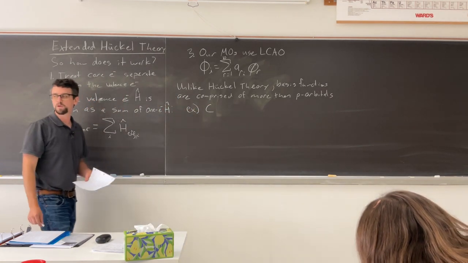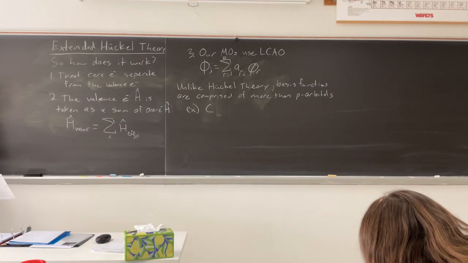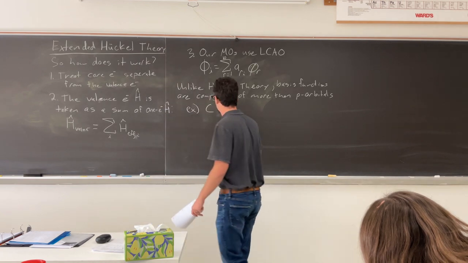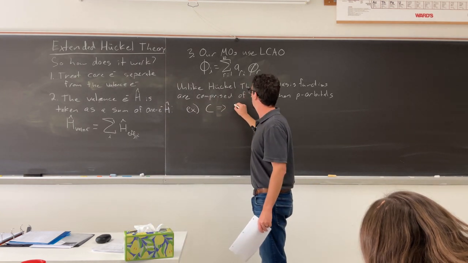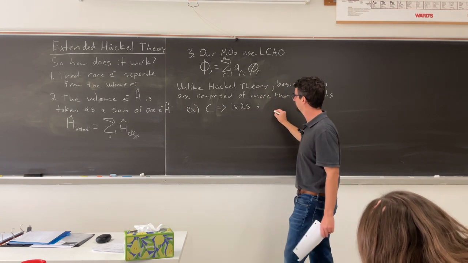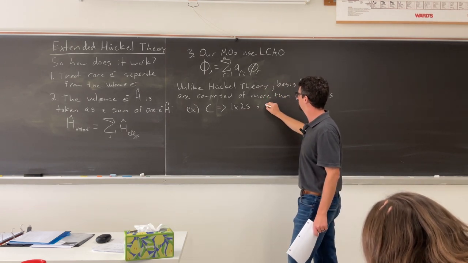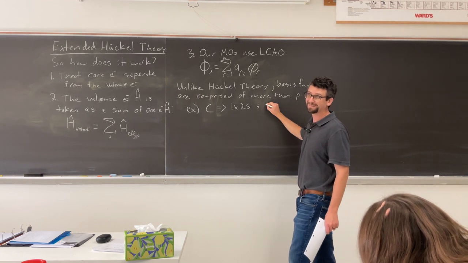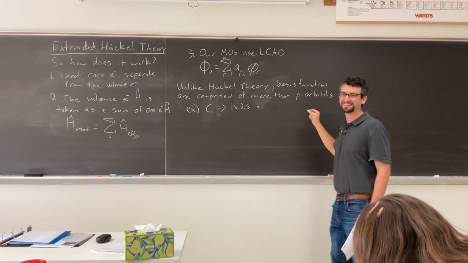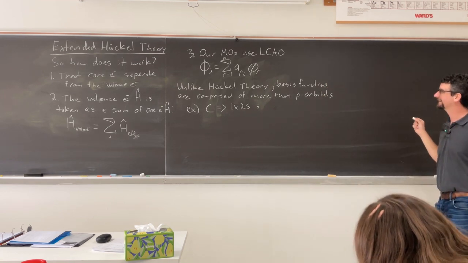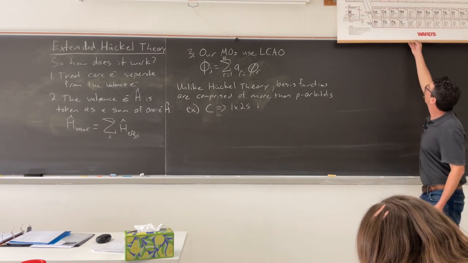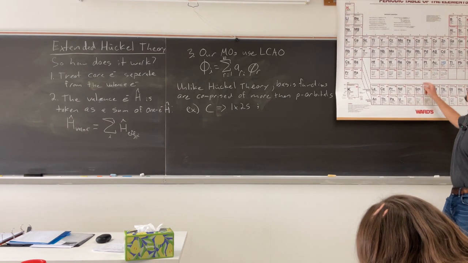Example, carbon. If you wanted to represent the valence electrons of carbon, what atomic orbitals would you use? Yep, 1 2s. How many 2p's? Remember quantum numbers with these guys?